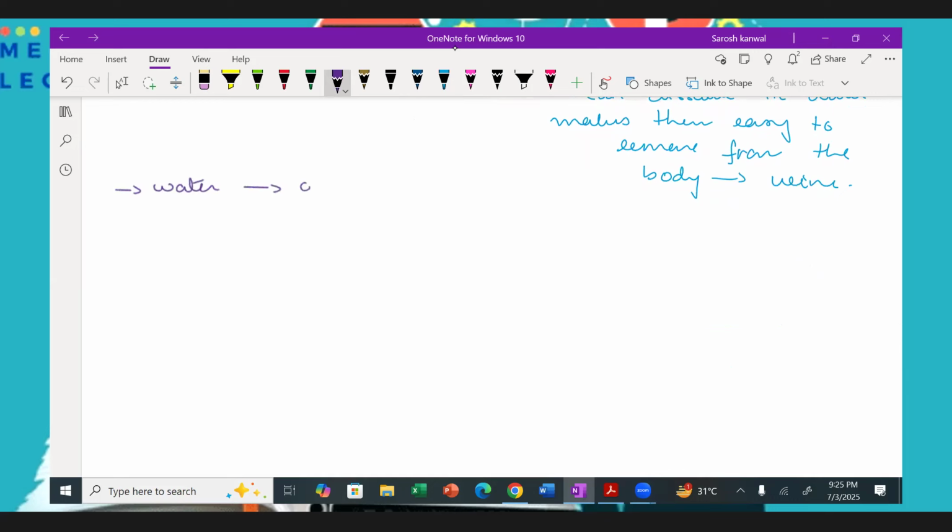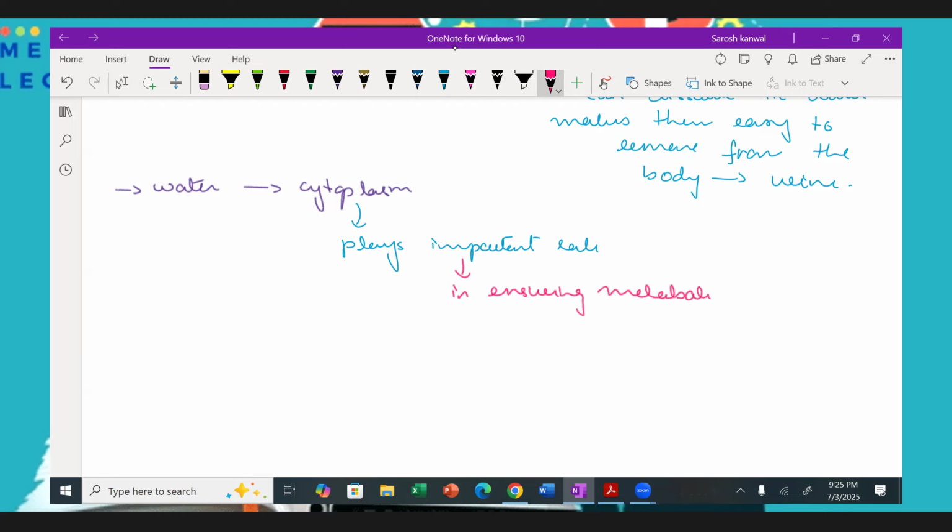It is present in cytoplasm, and there it plays an important role in ensuring metabolic reactions can happen as necessary in the cell, right?